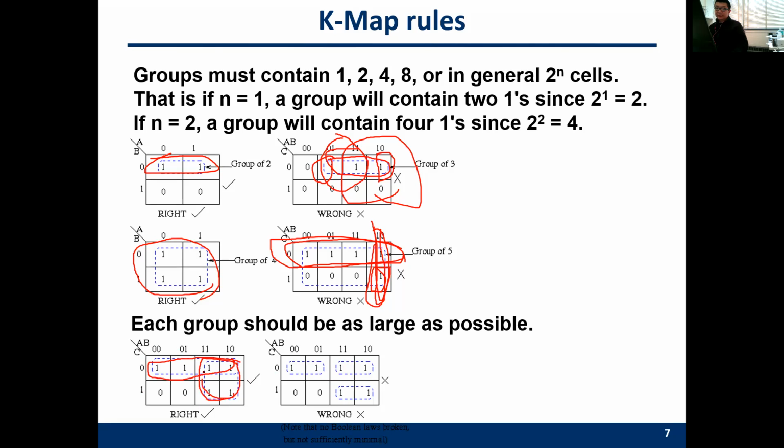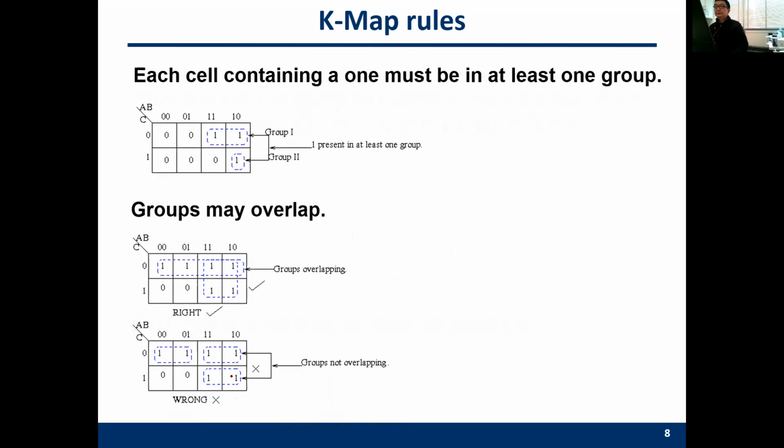You can see that these 2 groups are actually overlapped. Each one must be in one group, in one circle, and the groups can be overlapped. This is not right because again, it's not large enough.